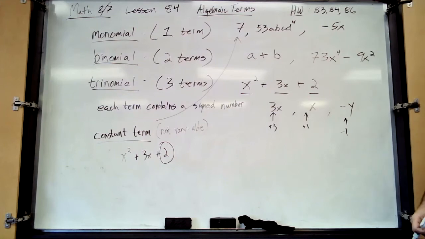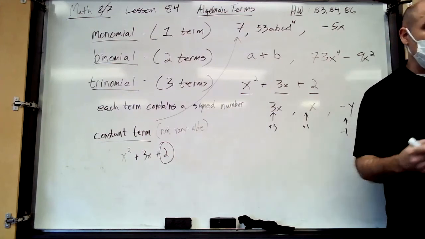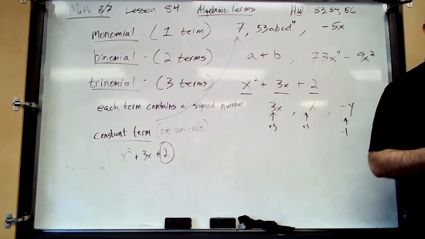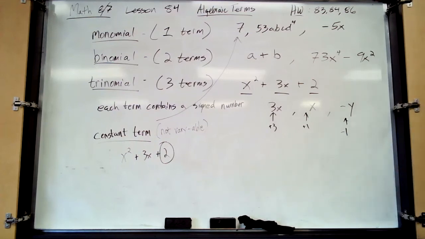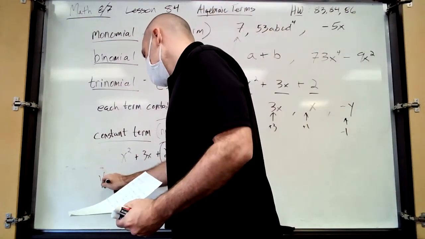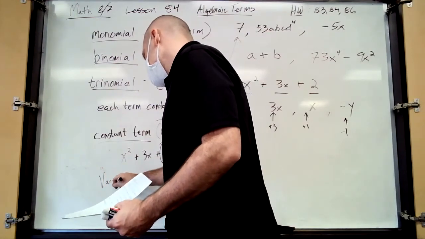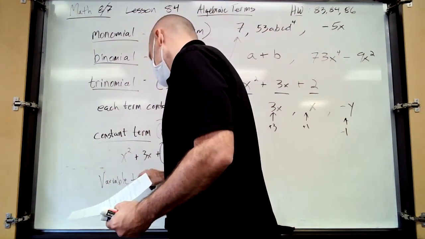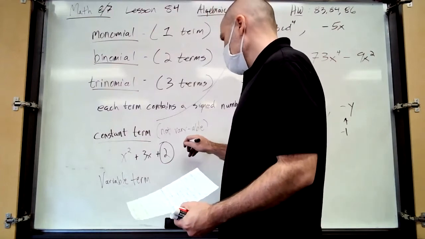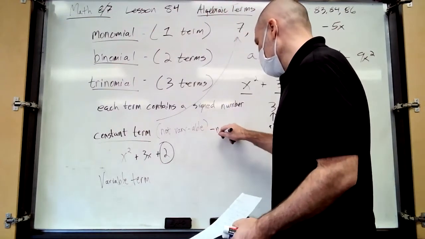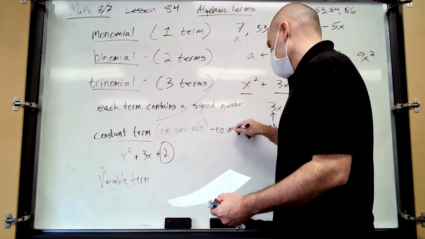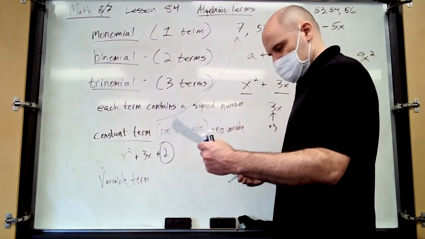So the other types of terms are called variable terms. It has a variable in it. Constant term, it doesn't have a variable in it. That's pretty easy to remember. Can you guys remember that? Okay, so that's our next definition. Variable terms. To define it, no variable in it.